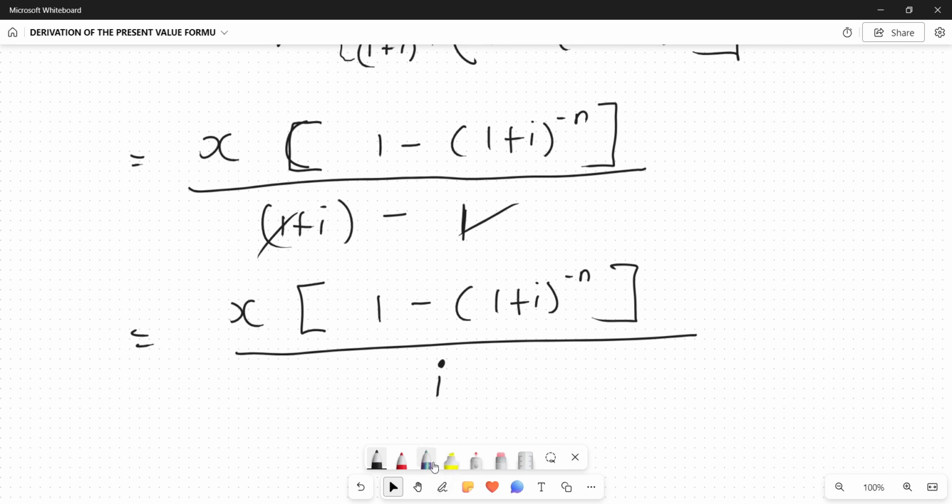So now this formula is crucial for determining how much a series of future payments is worth today. It is widely used in finance for valuing loans, investments, pensions, in any scenarios involving regular payments over time. So yeah, that's how we derive this formula.